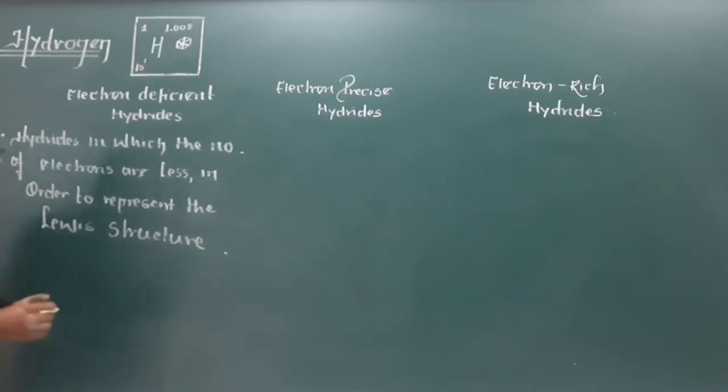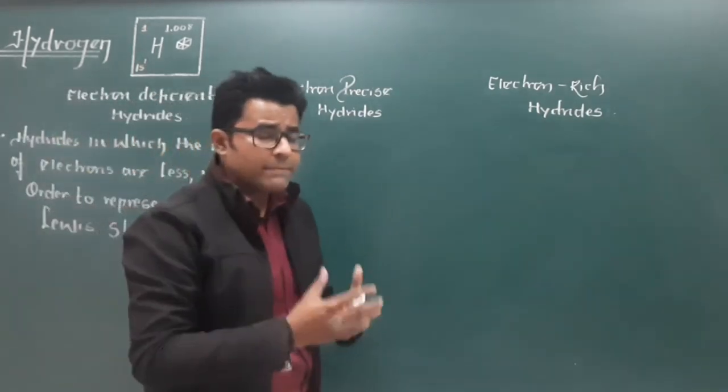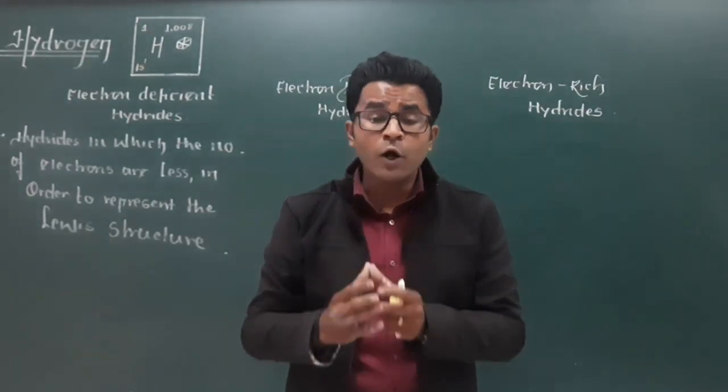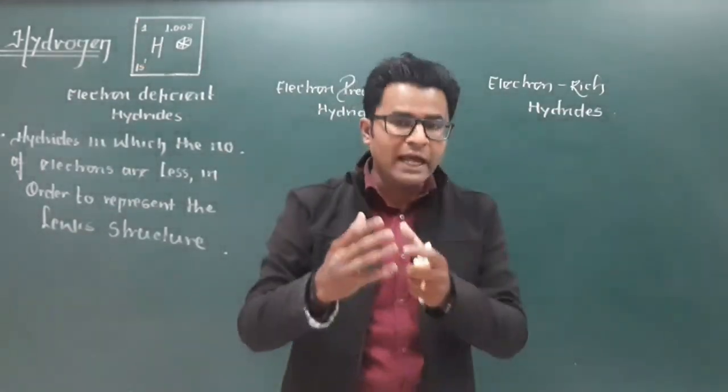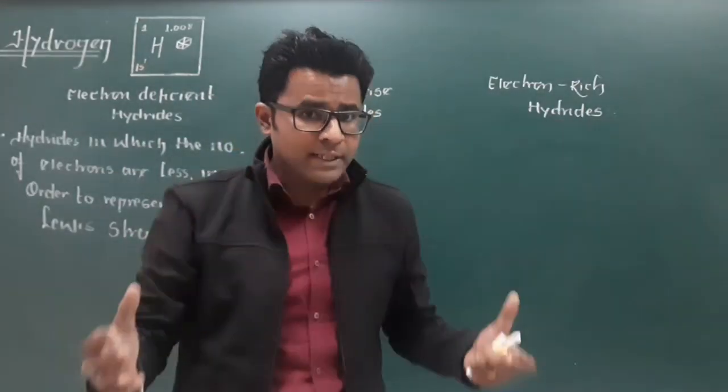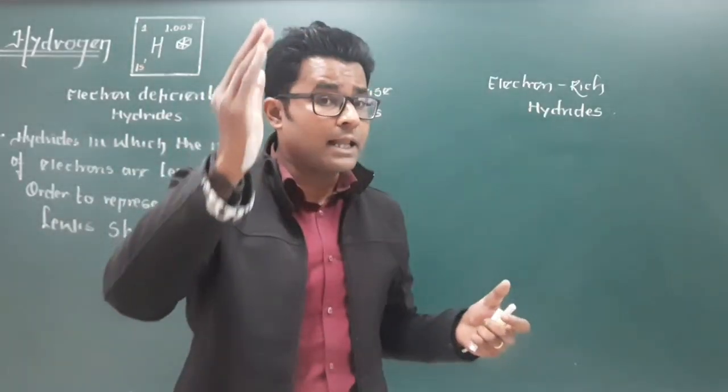That means whenever we are trying to represent a Lewis structure for a given hydride, we fall short of electrons. We are unable to represent that particular structure efficiently because the number of electrons is less.